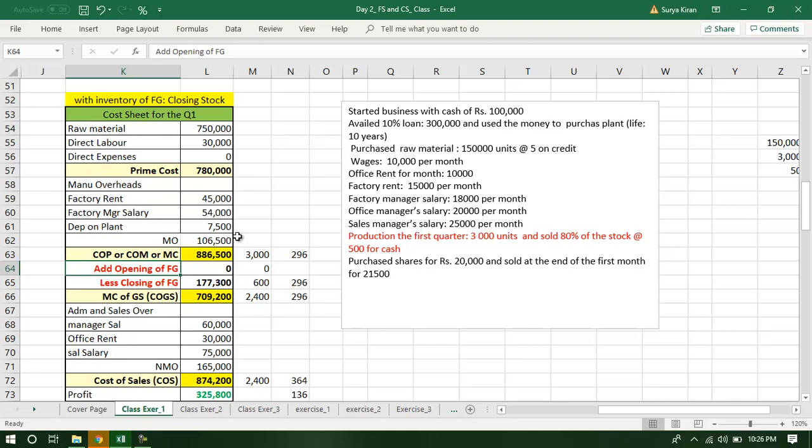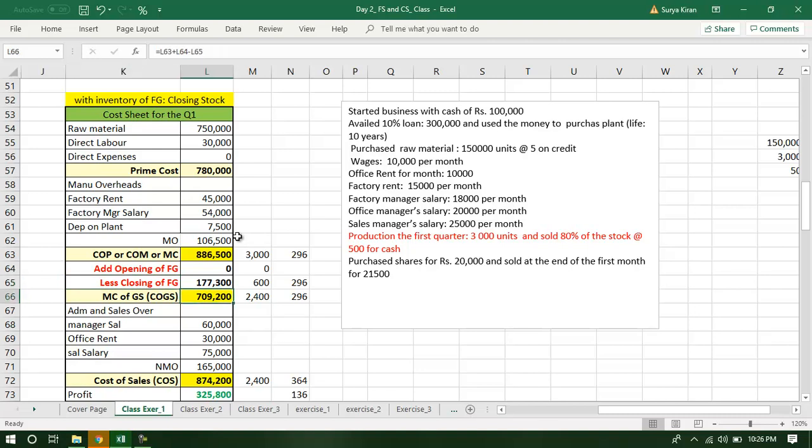So cost of goods manufactured, add opening stock of finished goods, less closing stock of finished goods, will give the cost of goods sold or manufacturing cost of goods sold.